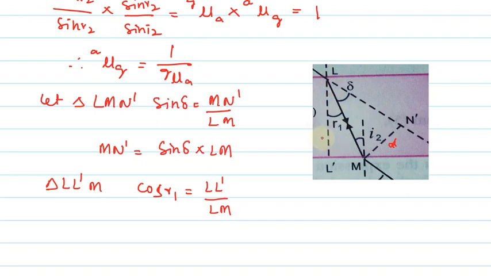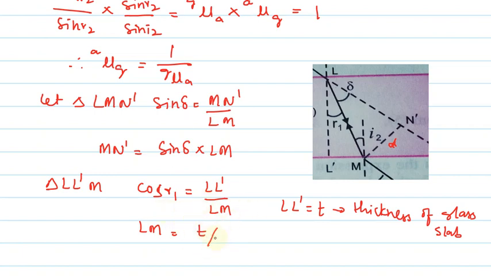So LL prime is the adjacent side, and LM is the hypotenuse. LL prime is the thickness of the glass slab, so I can write LL prime is equal to T. So LM is equal to T by cos R1.